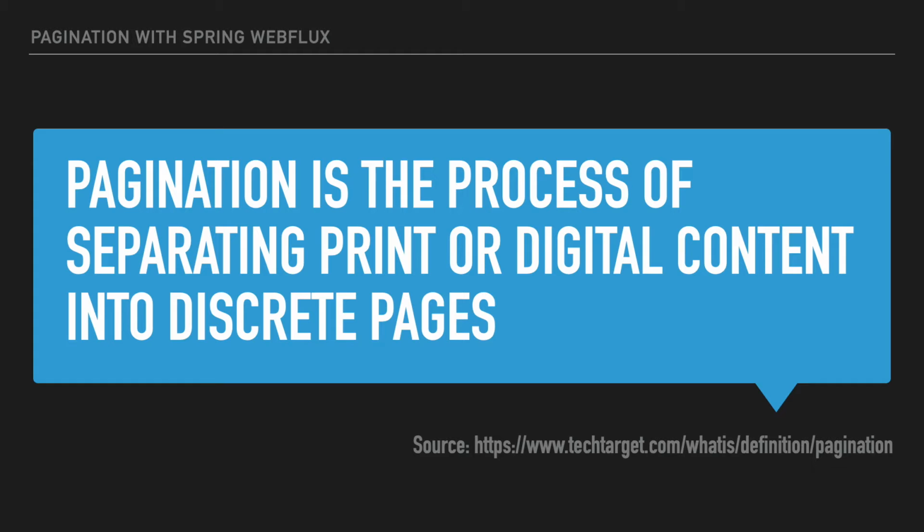First things first, let me review what pagination is, to ensure that we're on the same page. Here you can find a definition that I found on the techtarget.com website, and it states that pagination is the process of separating print or digital content into discrete pages.